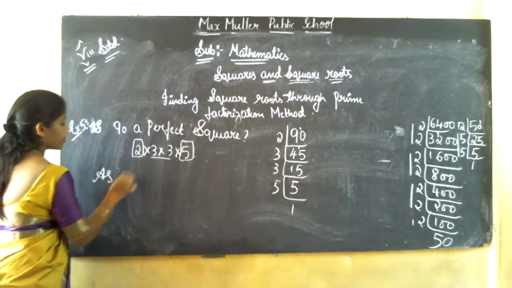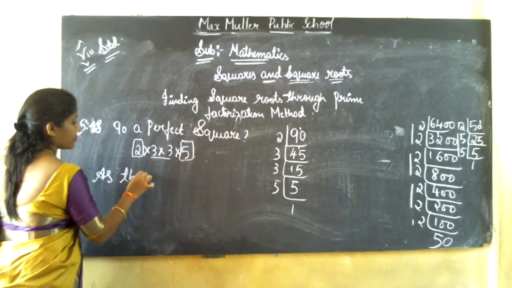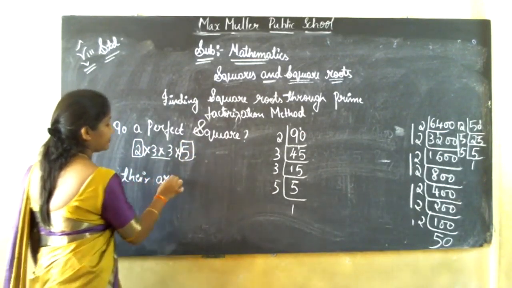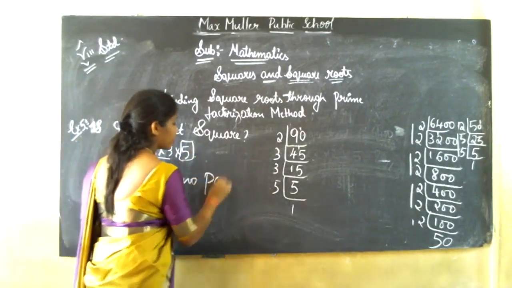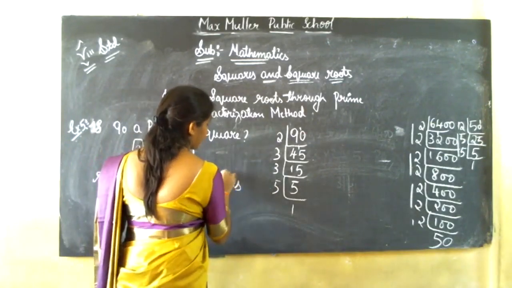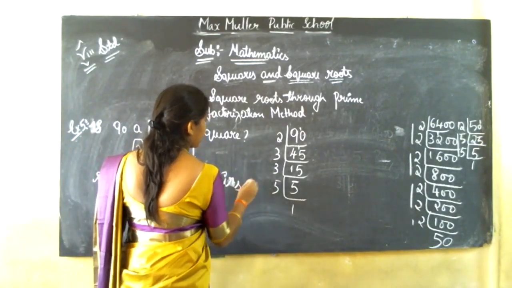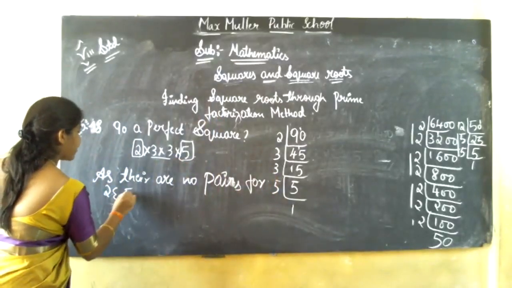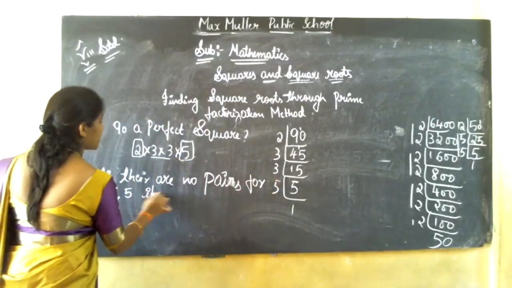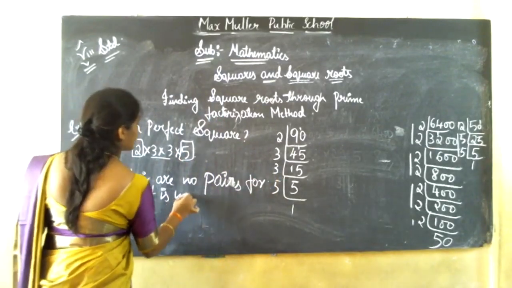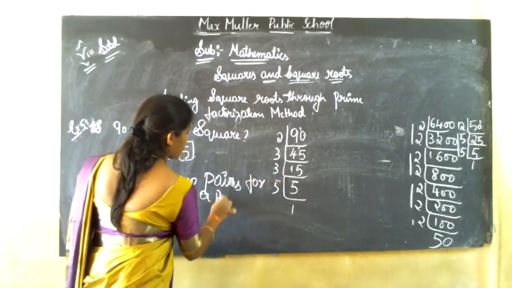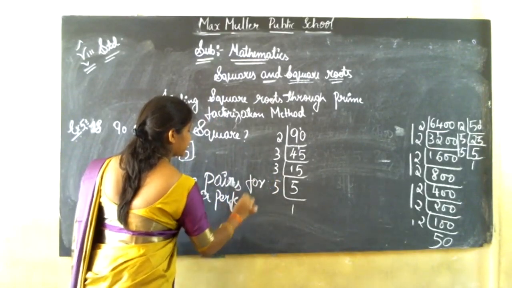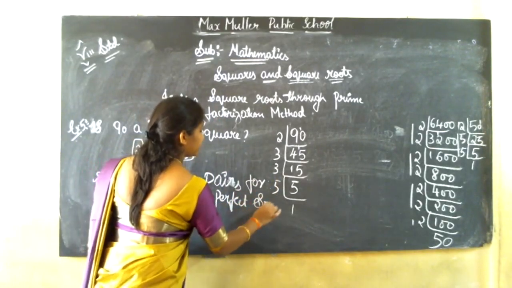As there are no pairs for 2 and 5, it is not a perfect square.